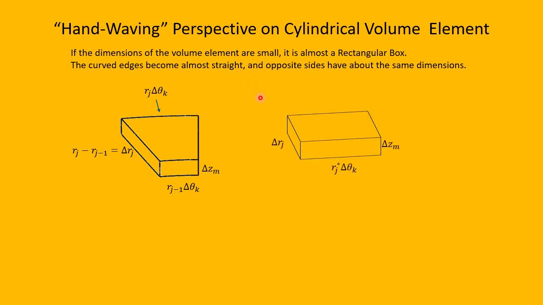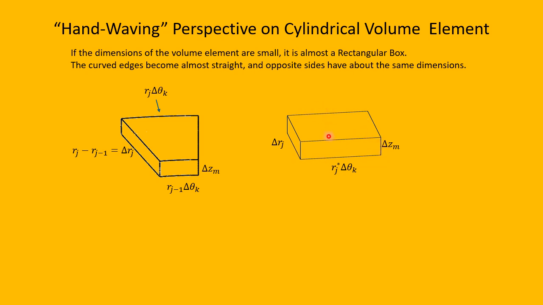We can approximate this with a rectangular solid, where this side has length delta r sub j. This side right here, let's just let it be the average of these two sides, so 2 pi r sub j star delta theta sub k. And this side is still delta z sub m.